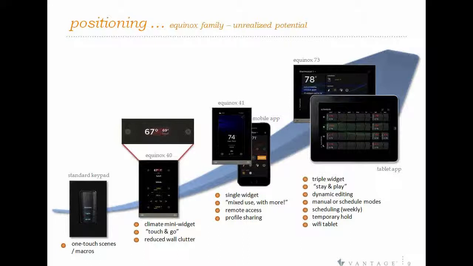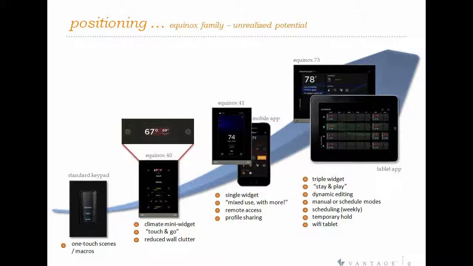Now, in contrast, you could jump all the way to a 7.3 or an app, which are great in suites, entrances, and exits, because the 7.3s are always on, right? They have high functionality, such as hold or scheduling capabilities that the 4.0 doesn't have.